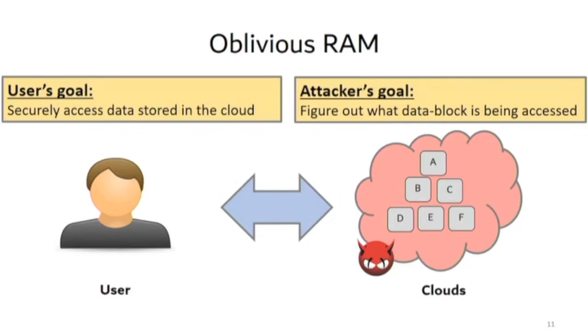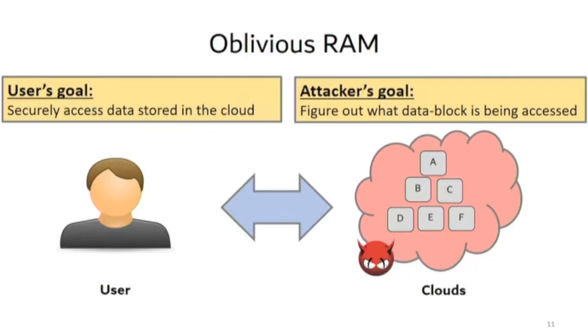To understand the threat model of Oblivious RAM, you have to understand a client-server model, where the server is an untrusted cloud. The client is trying to store some sort of data within the server, and wants to access that data in a secure manner.